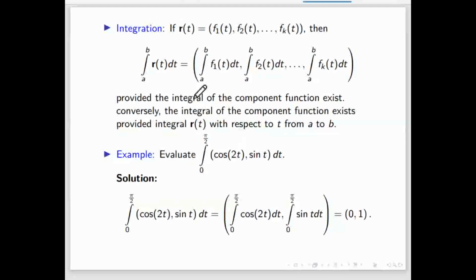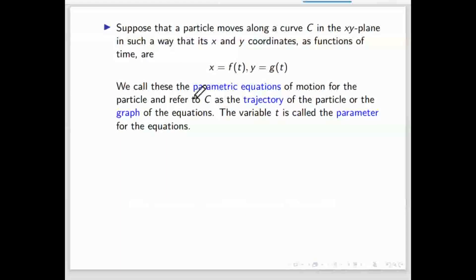Now we'll see something else that is related to vector calculus. How does this vector look in the geometric sense? Suppose a particle moves along a curve in the xy plane. So definitely we are in 2 dimensions, not in the single variable. Its coordinate is x comma y as a function of time.